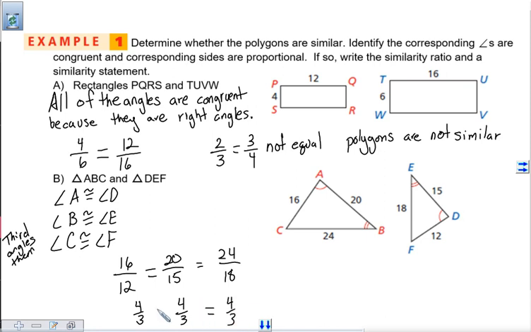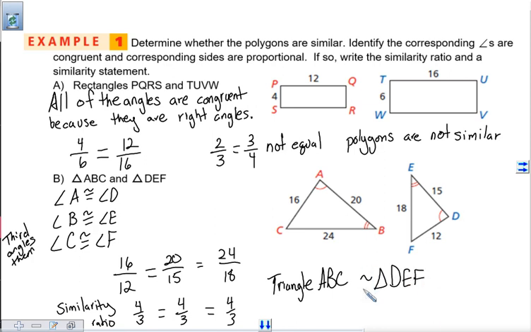Now these all reduce to the same thing, so this is our similarity ratio. And that means that these triangles are similar, and we need to write our triangle similarity statement. So that means that triangle ABC is similar to triangle DEF.